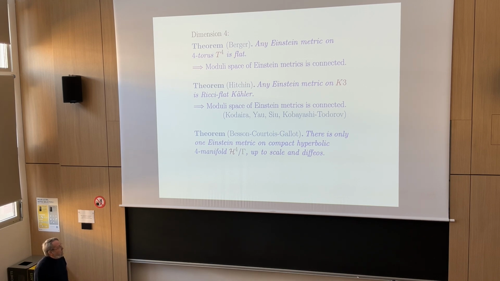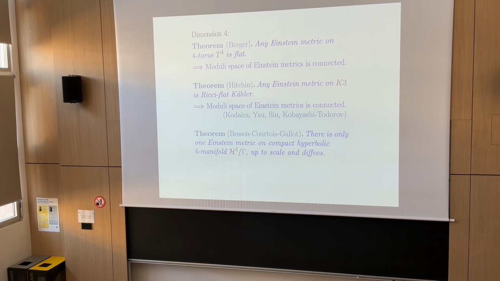Up to diffeomorphisms and rescalings, it turns out that if you take any of these compact quotients of hyperbolic space, modulo a group of isometries, built so that the hyperbolic metric descends to the quotient, the remarkable theorem is that the only Einstein metrics on such a manifold are the hyperbolic metric, except that you can rescale it and move it by diffeomorphism.